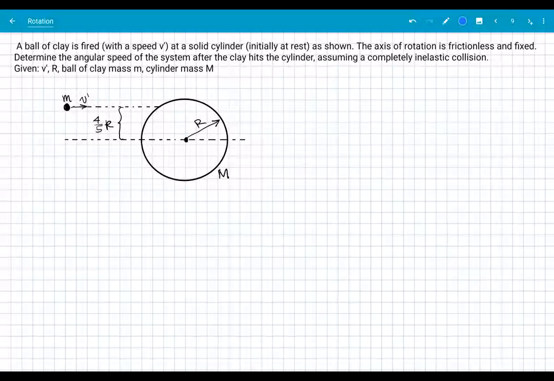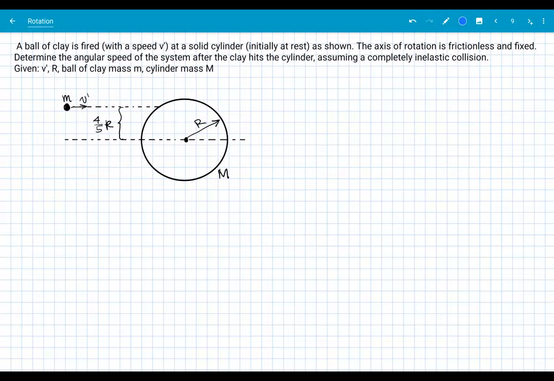And what we do is we fire a ball of clay at the cylinder, and the cylinder is initially at rest. The ball of clay gets fired at the cylinder, and it's fairly intuitive to see that the cylinder would then have angular velocity directed into the page, caused by that collision.